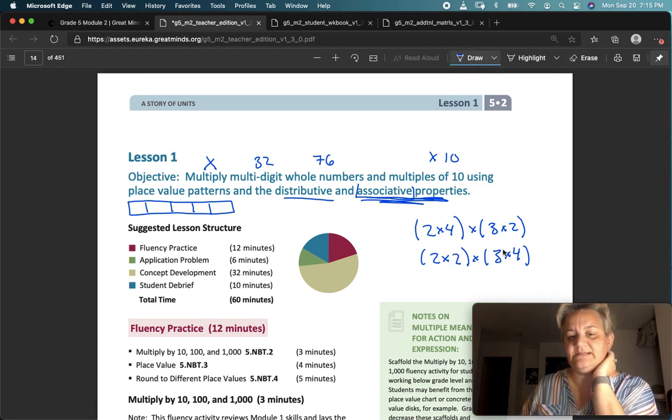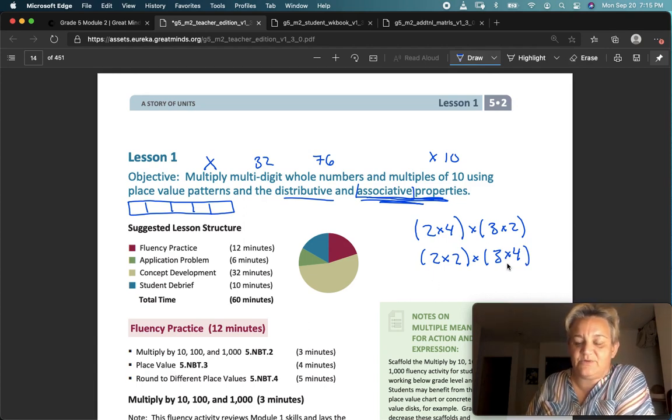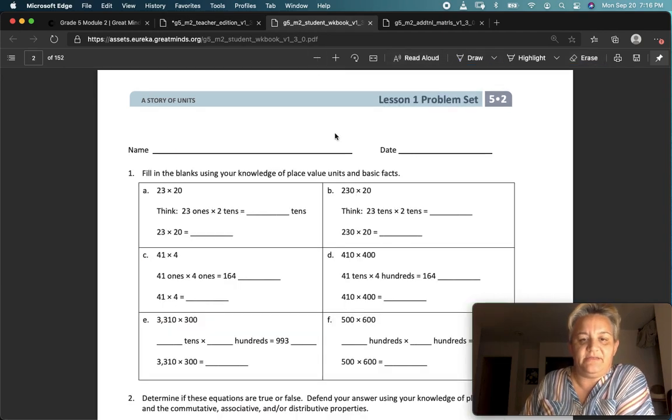Sorry, I'm writing too fast. Distributive property means that I can move things in and around parentheses as well, as long as what I'm doing is the same, multiplication. So distributive and associative properties are rules in math that tell us how we can move numbers around in an equation. So let's start with the problem set, lesson 1.